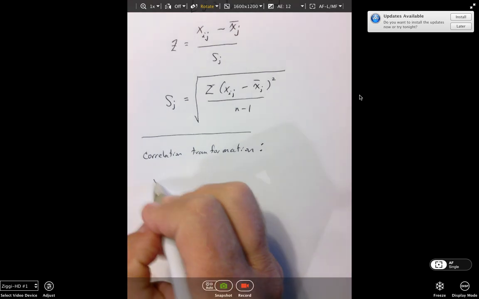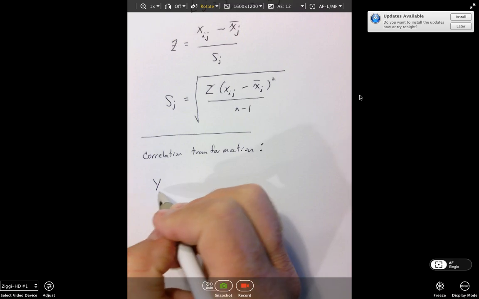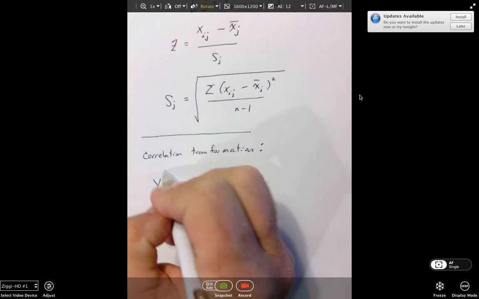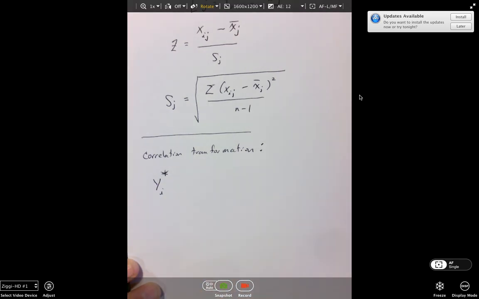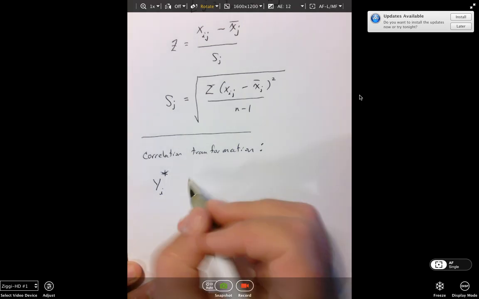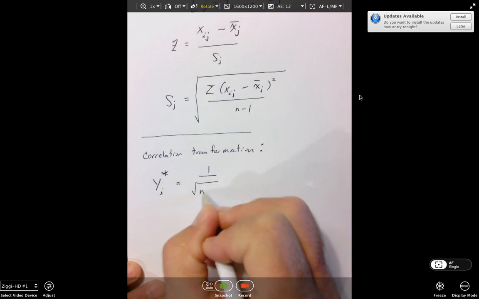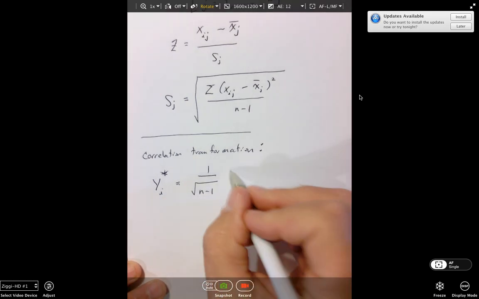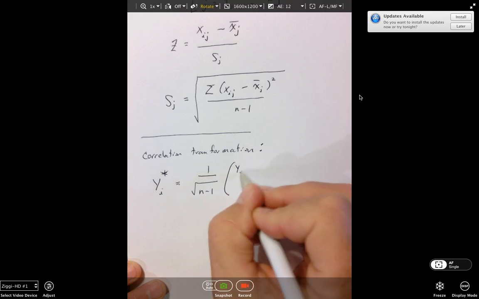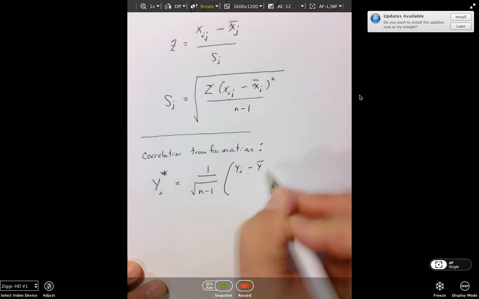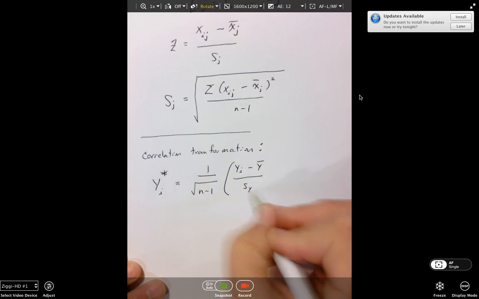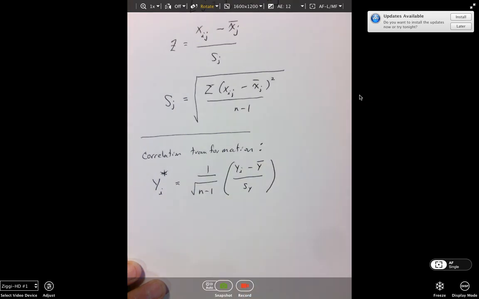So what we do here is each y sub i, and we let this new standardized variable be y star. And it just turns out it's 1 over the square root of n minus 1 times the z-score. Okay?